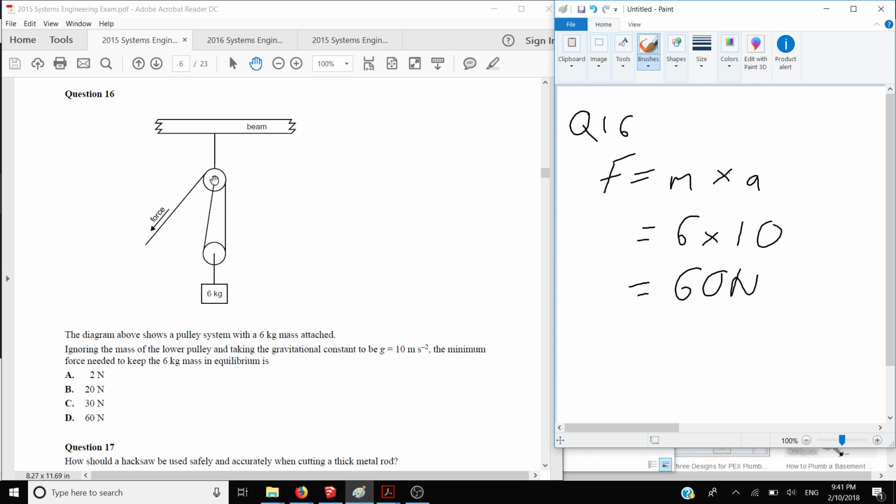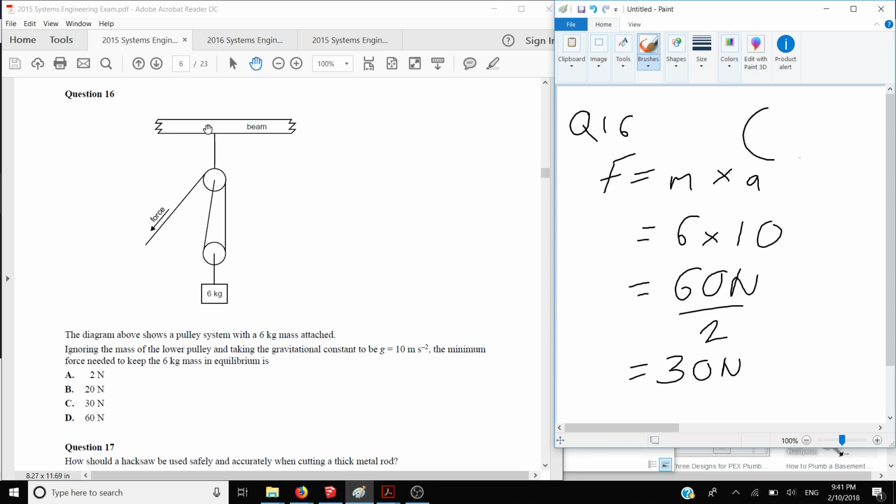So my mechanical advantage here is going to be 2 to 1, which means it's going to take me half as much force as is hanging off this pulley. So it's going to be 30 newtons. So the answer for this one is C.